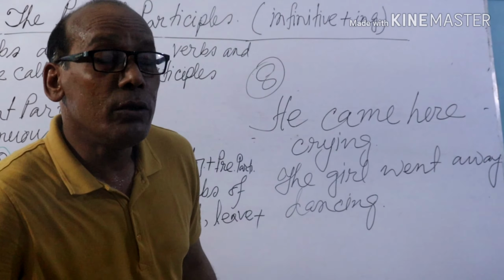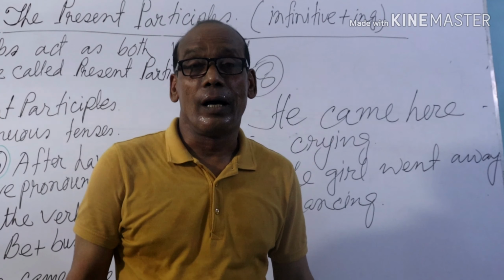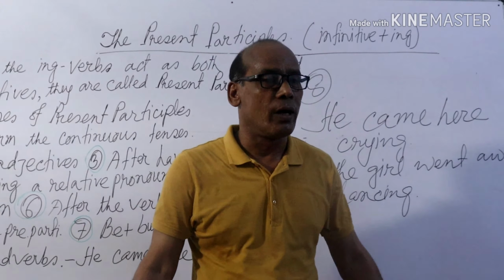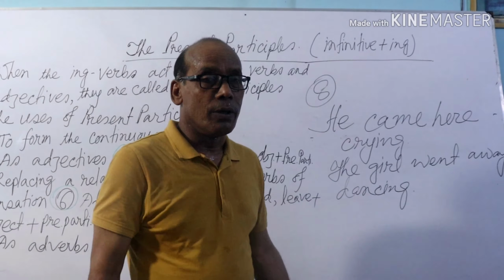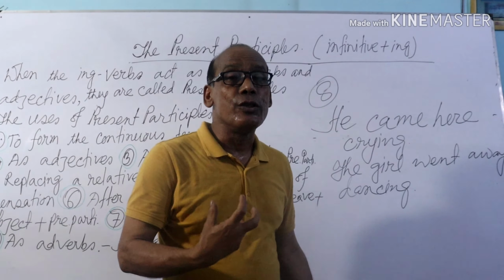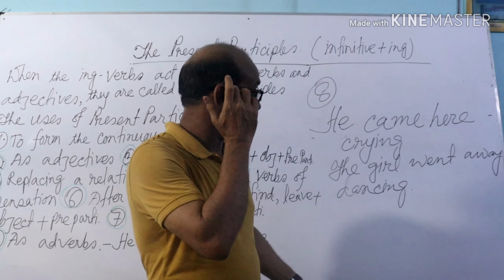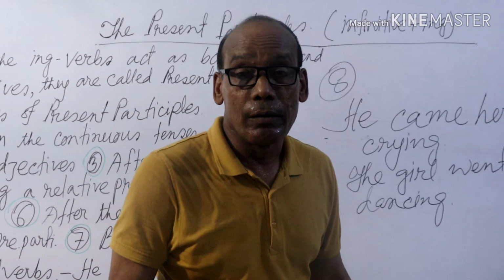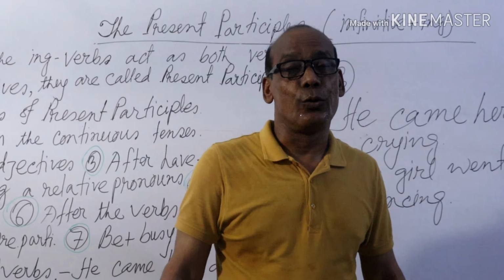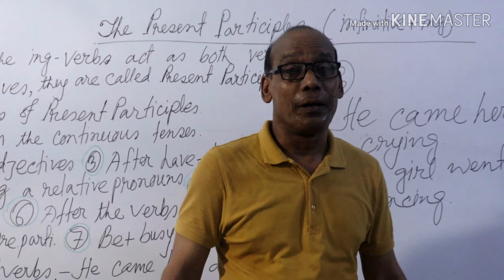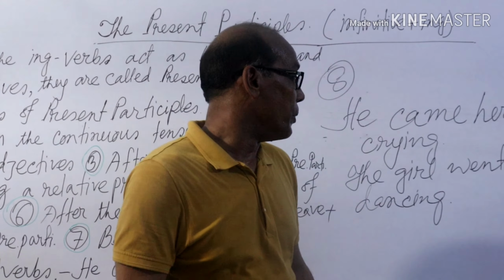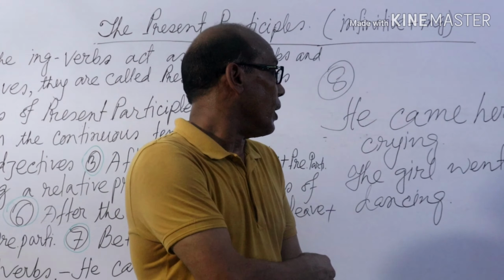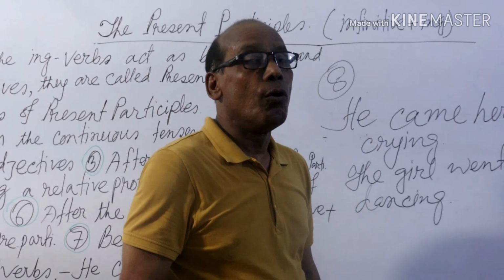The girl, we all like dancing. If any sweet or beautiful girl dances on the stage or anywhere, dancing is very mind soothing or heart soothing. So here the example is the girl went away dancing. Usually the girls like to dance in many conditions. And here you see how did the girl go away.